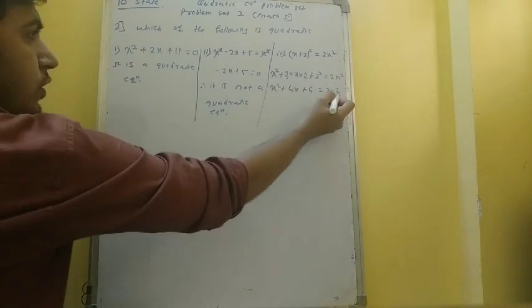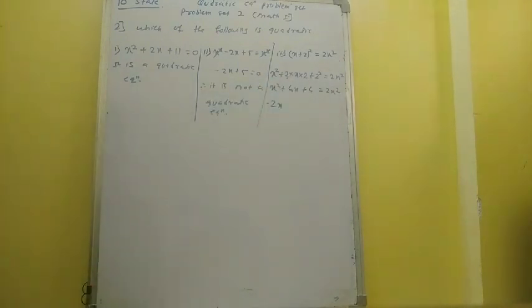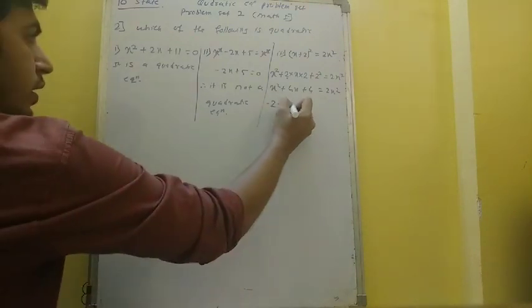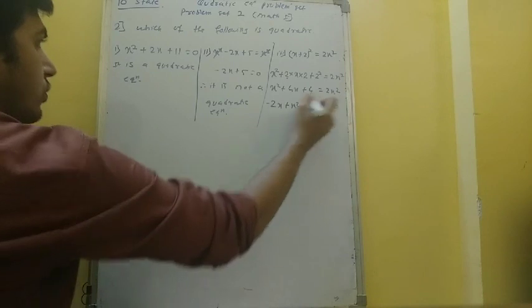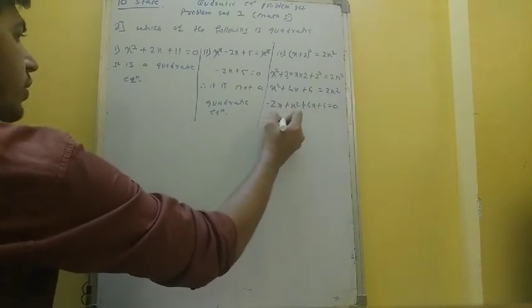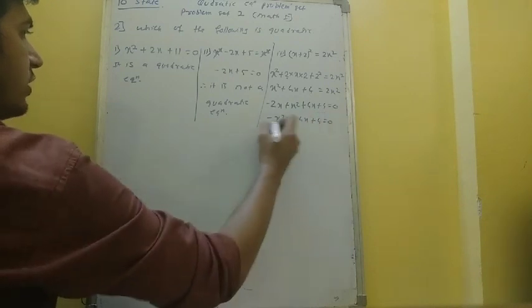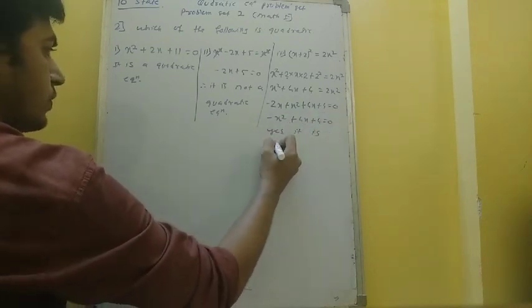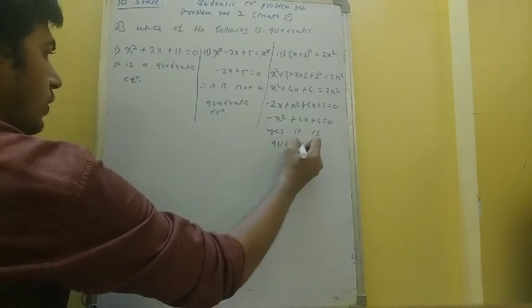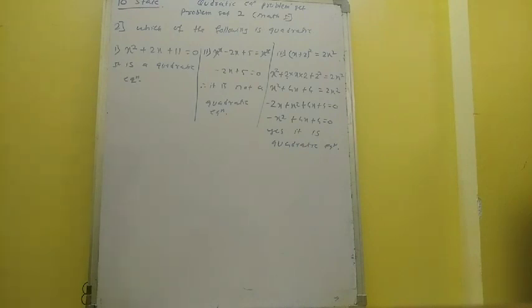We have 2x square, so minus 2x square will come here and become minus 2x square plus x square plus 4x plus 4 is equal to, minus 2x square plus x square is minus x square, plus 4x plus 4. So yes, it is a quadratic equation.